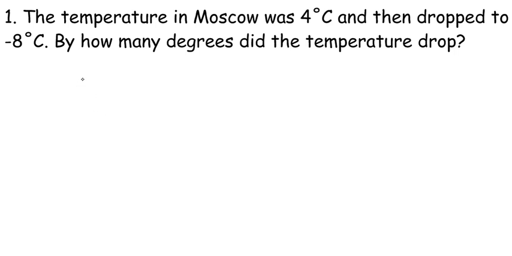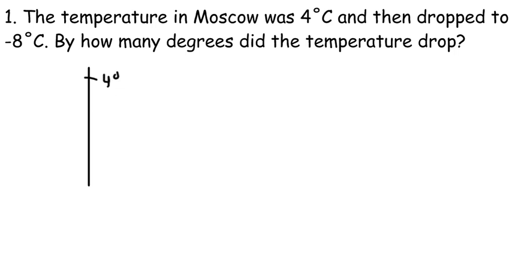and I'll draw my number line vertically because we're talking about temperature and it makes me think about a thermometer. So I have this number line here. I have 4 degrees here.